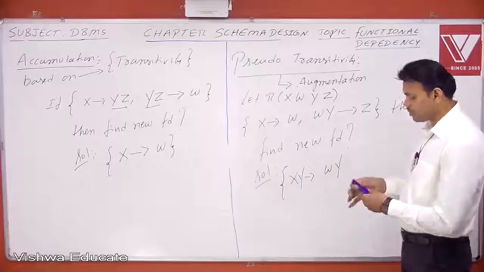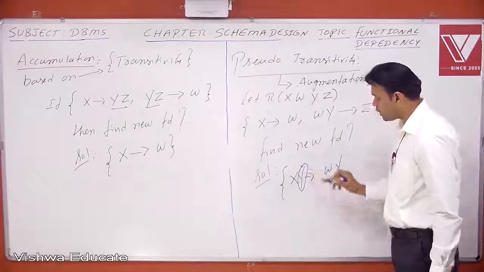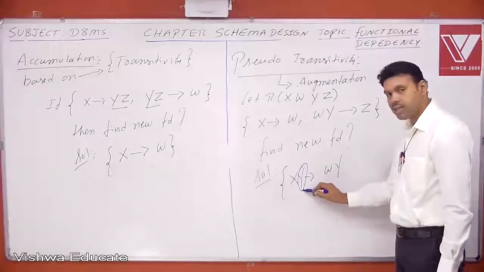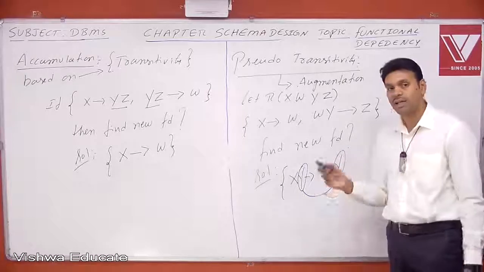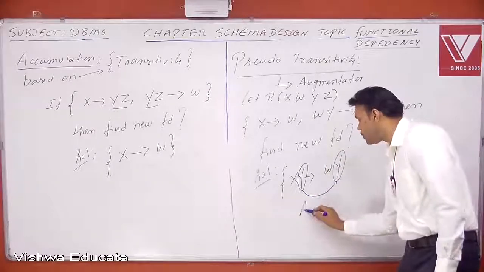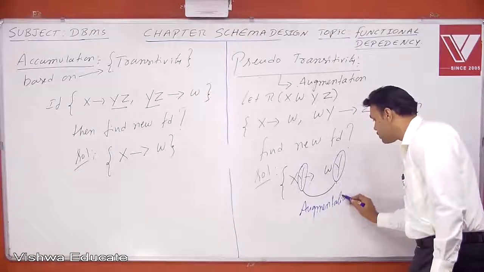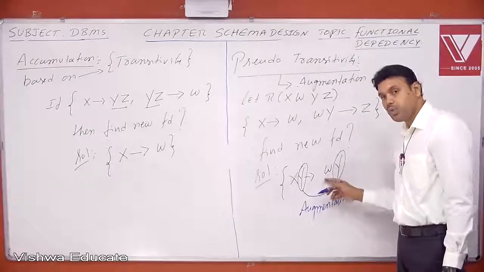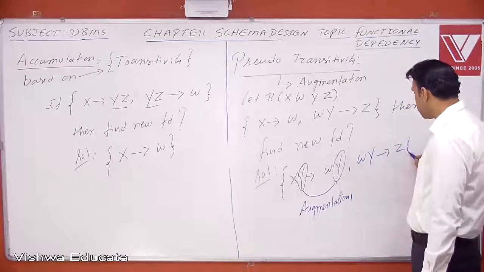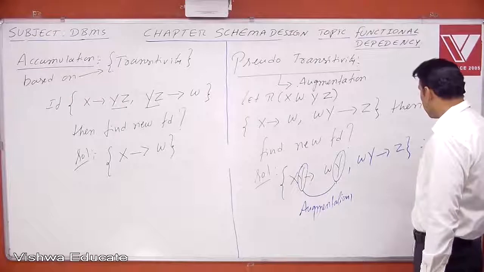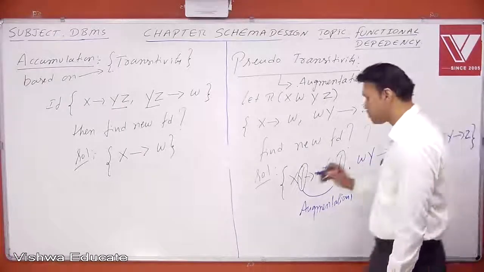So very simple logic: I augmented y at the left hand side. Since y is attached at the left hand side, y is attached at the right hand side. So I have used augmentation. So xy tends to wy and wy tends to z. Therefore, what will you get? xy tends to z.